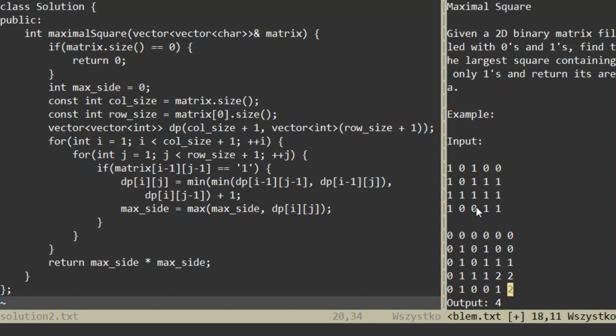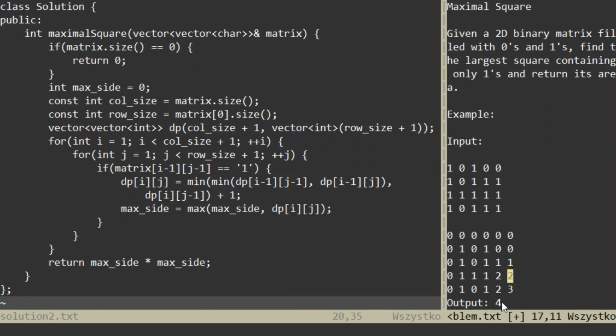But if this will be 1 here, here will be also 1, and here the minimum will be 1 plus 1 will be 2, so 2, and here the minimum of this will be 2 plus 1 will be 3. So it will be something like this, and 3 multiplying by 3 is 9, yes, and the output will be 9 if this will be something like this.